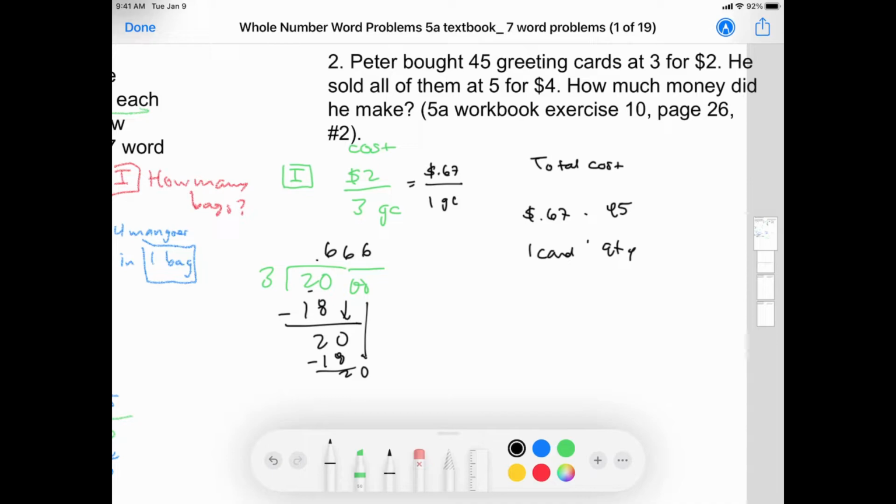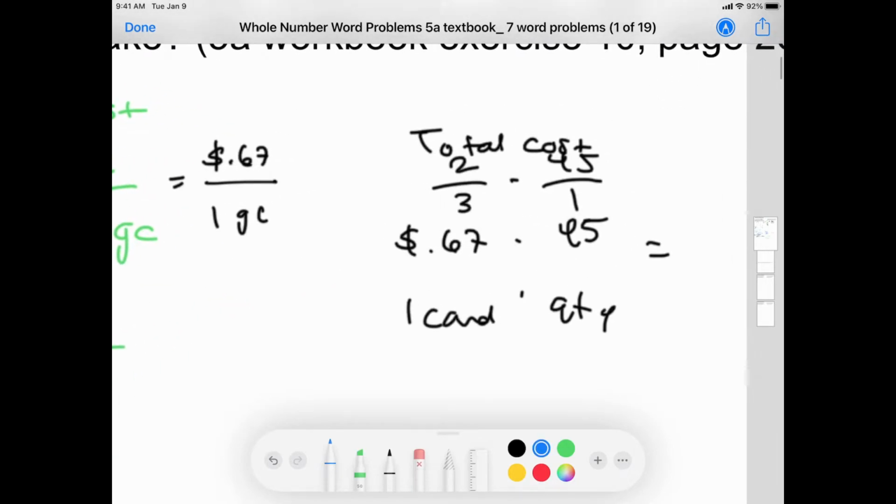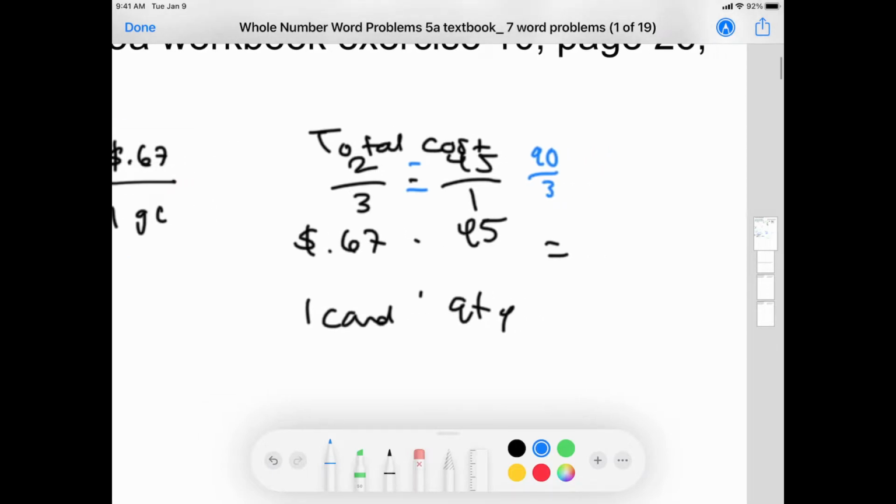And if you multiply those, you can also use the fraction 2/3, that's what we had, times the 45. If you multiply across, you'll get 90 divided by 3, which is 30. His total cost is $30.